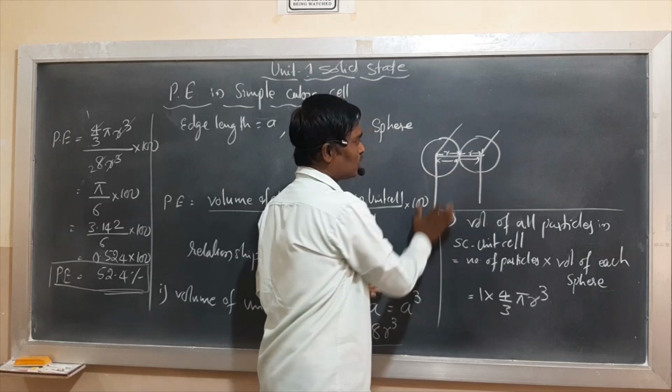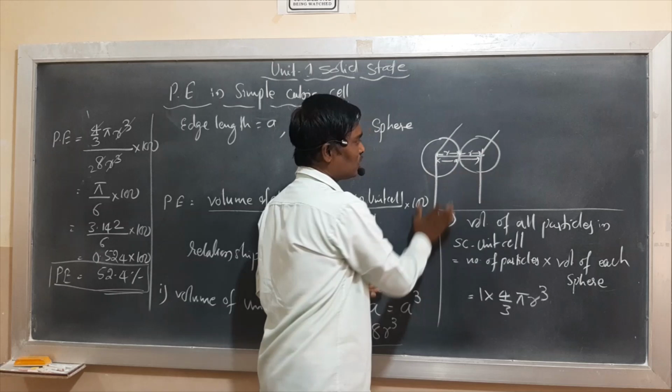Let me take the three particles: diagonally opposite corner particles and one face center particle. This is the one particle here, and the diagonally opposite particle means this one.